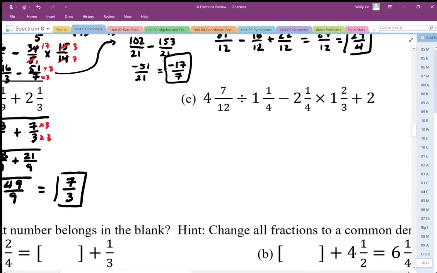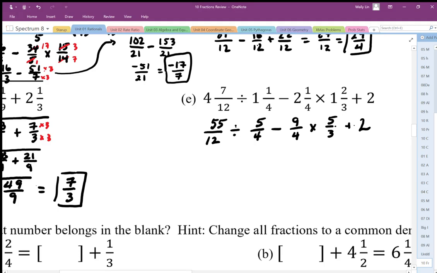For this one here, same thing. We want to do improper fractions first, so we're going to make that into 55 over 12 divided by 5 over 4 minus 9 over 4 times, this is going to be 5 over 3 plus 2.